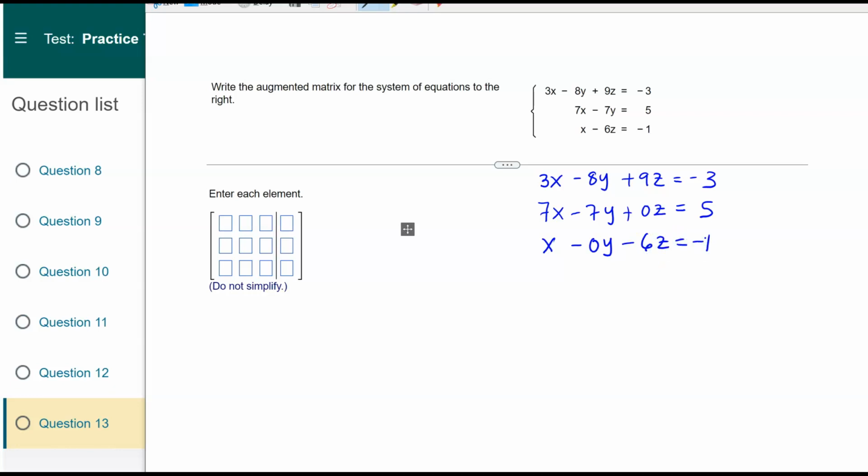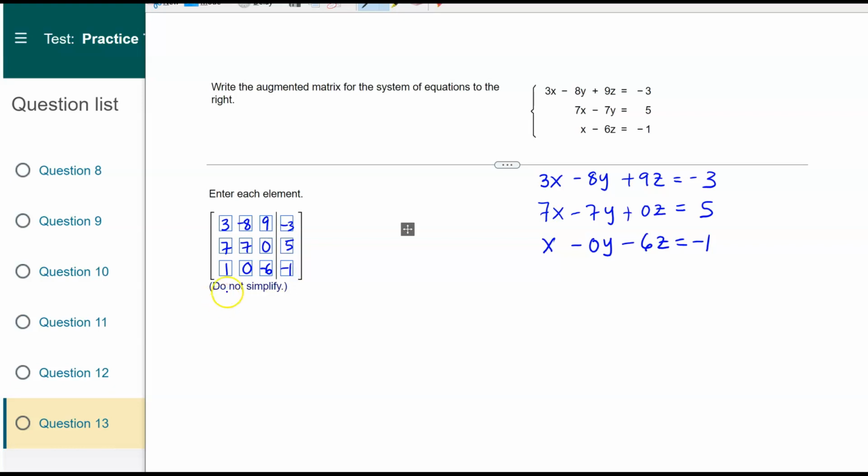Now, to write the augmented matrix, you just input the coefficients here to the matrix on the left. So you have 3, -8, 9. Second row will be 7, -7, 0. And then here you have 1, 0, -6. And these are the constants. So you have -3, 5, -1.